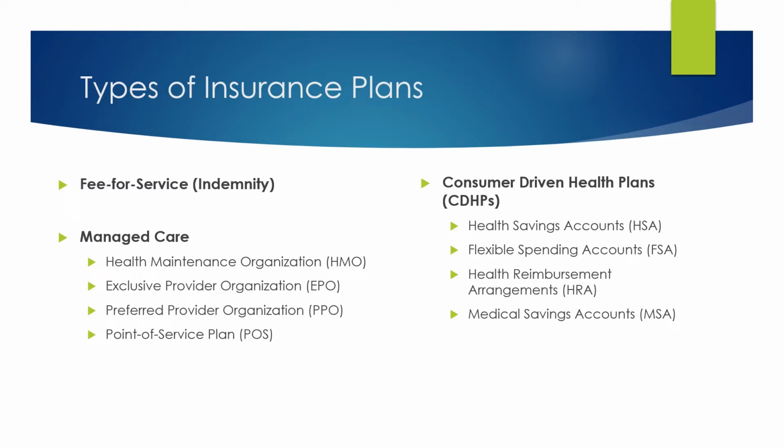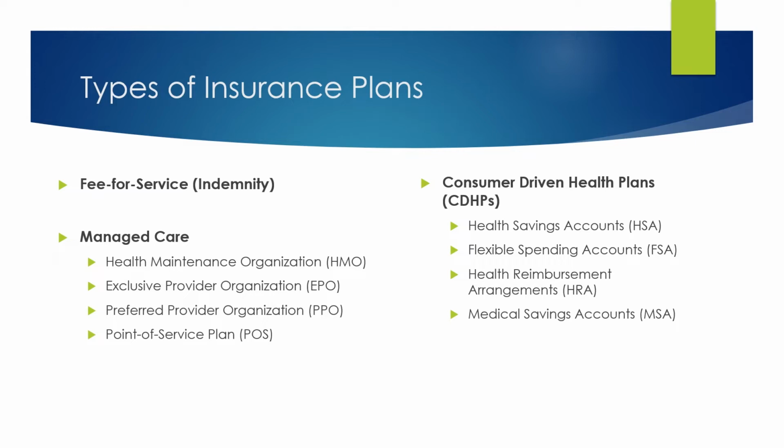Last but not least, there are consumer-driven health plans, again, those CDHPs, which are health plans that use high deductibles coupled with tax-advantaged personal health care spending accounts. So it increases the consumer accountability for their healthcare spending. And there are 4 types of these CDHPs.